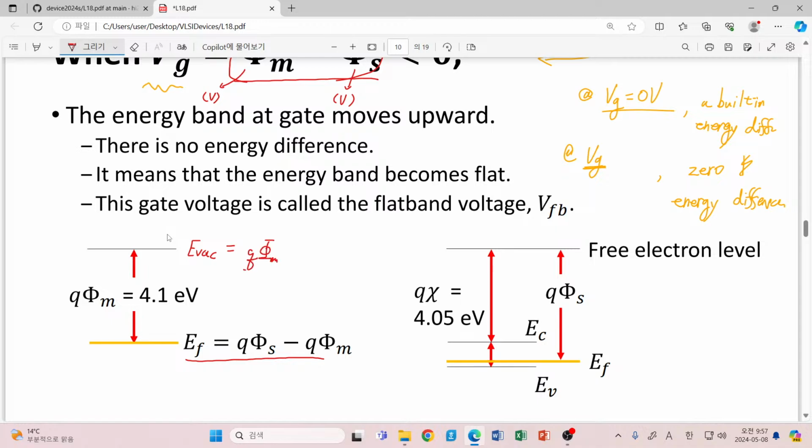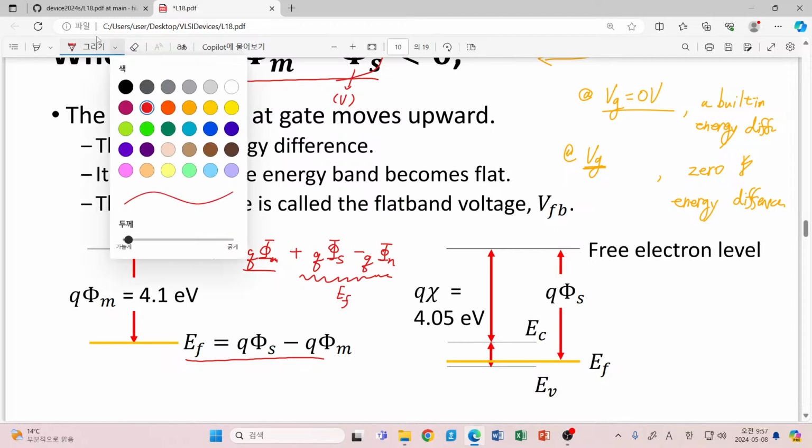Original work function plus the additional boost due to the increase of the Fermi level. So we will have phi s minus phi, you know, this is nothing but the increase due to the Fermi level.